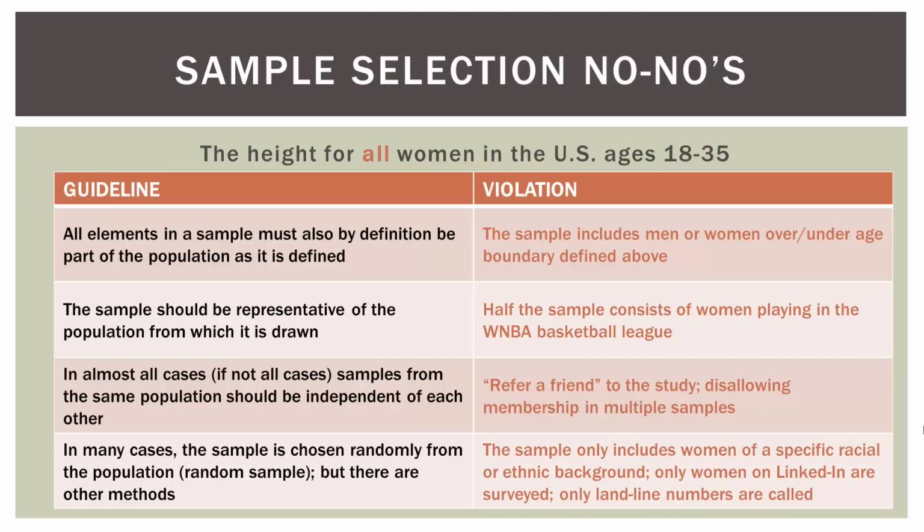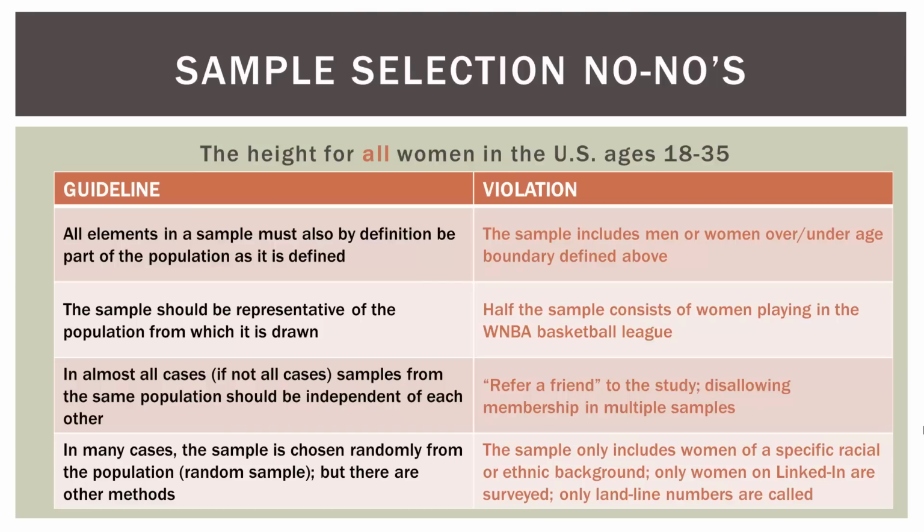Well, let's say half the sample consists of women who are playing in the WNBA basketball league. So how does that violate our guideline of it being representative of the population? Well, if half of our sample consists of women in the WNBA, it's going to skew our data. And why is that?